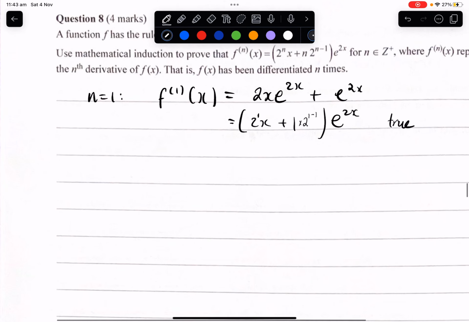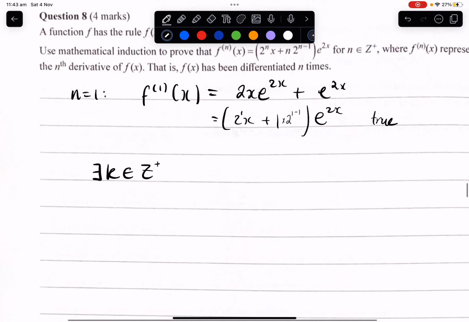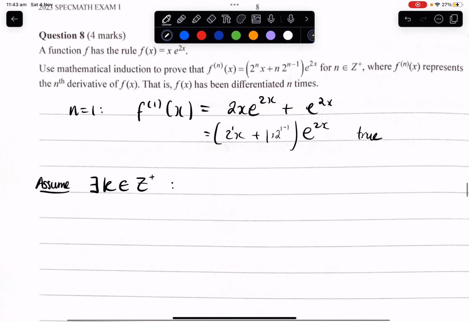Now just assume that there exists k, which is an element of positive integers, as they've said for n.